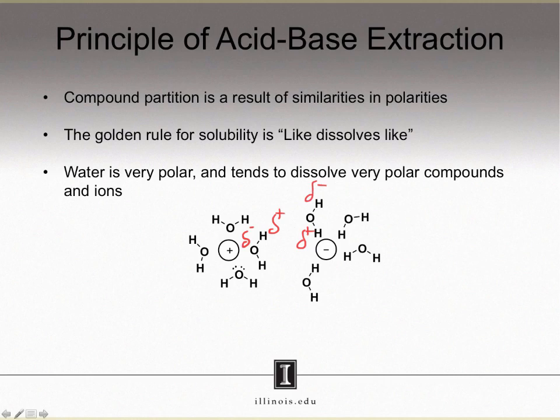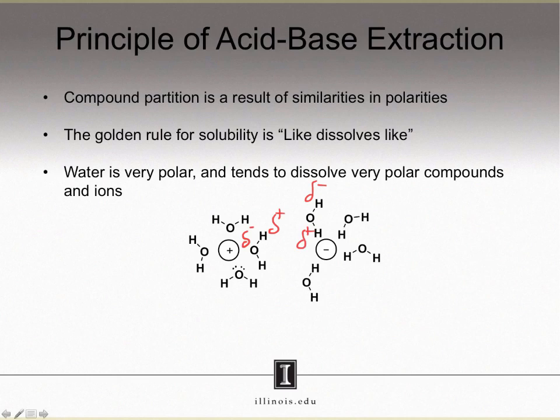By dissolving polar compounds, such as ions, we can arrange the charges in a favorable manner that is energetically stable. As you can see here on the left, the positive ion is surrounded by partially negative oxygens, whereas the ion on the right, which is negative, is surrounded by partially positive hydrogen atoms.